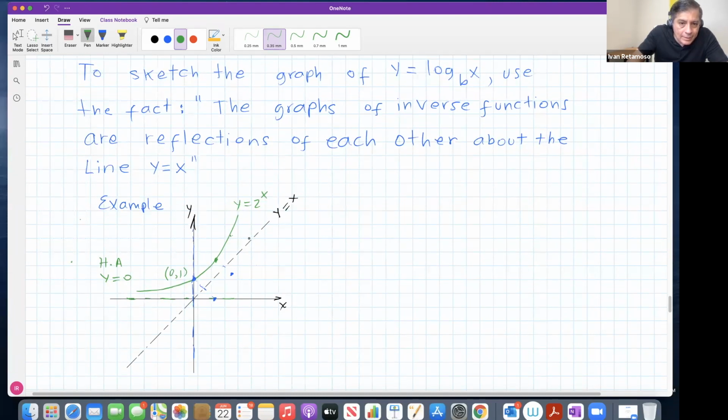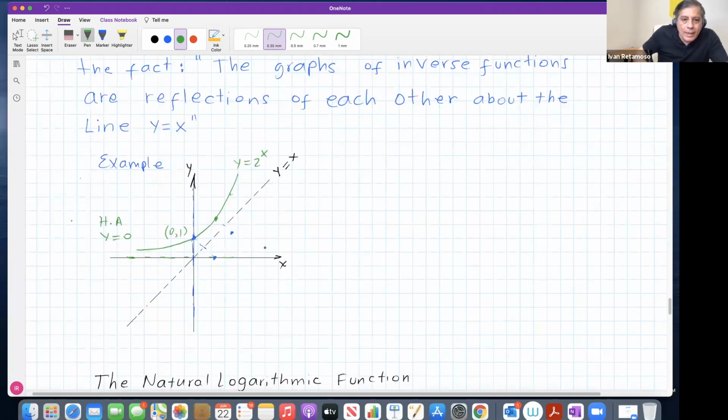It's like you place a mirror here, and over here you should see the mirror image of this. But to be practical, a quick way to see where this point is going to appear on the other side of the mirror, I gave you this trick: switch the coordinates.